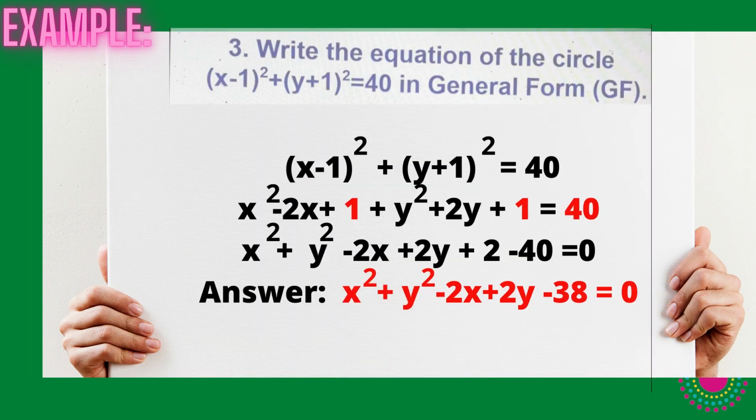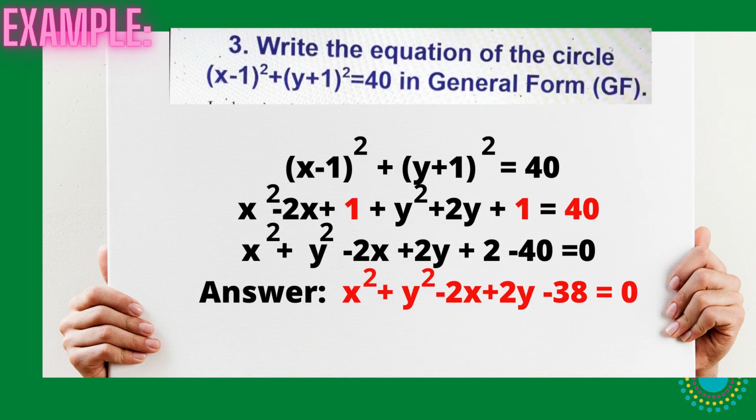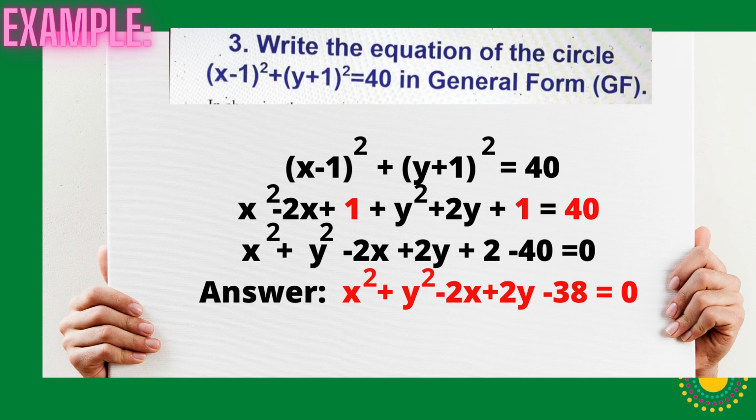For a clear understanding of the solution for question number 3, let us have this slide. So the equation is x minus 1 quantity squared plus y plus 1 quantity squared equals 40. Our task is to change this standard form to general form. So we have the given. Then applying square of binomial, the square of x minus 1 is x squared minus 2x plus 1. And the square of y plus 1 is y squared plus 2y plus 1.